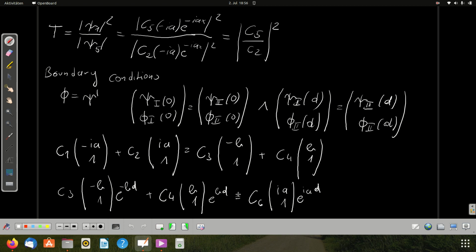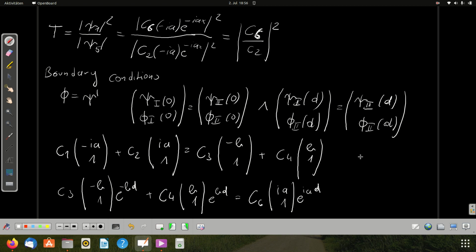So this means we have 4 equations but 5 unknowns. But this is not a real problem. Sorry, here I made a mistake. Here I should read c6 over c2. Sorry for this mistake.